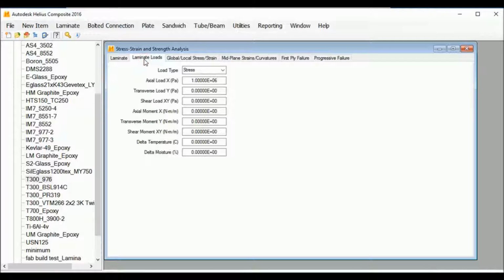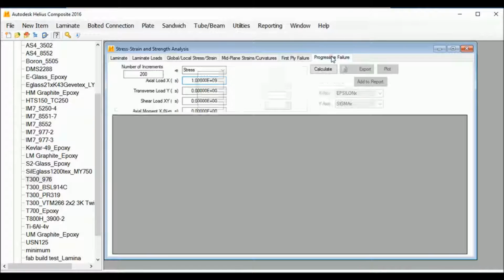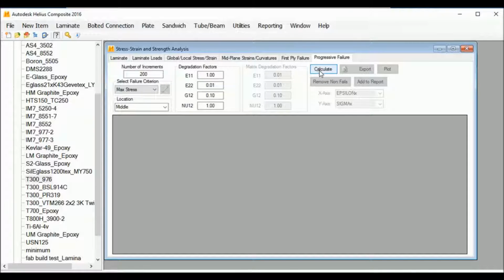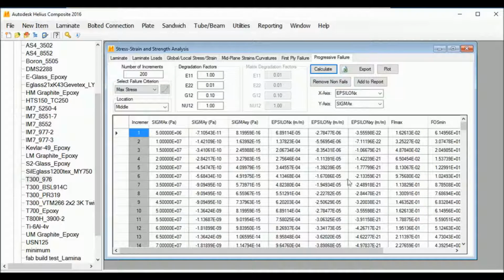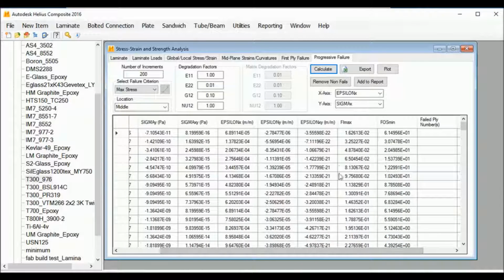So let's go back to laminate loads. Let's take a guess at, let's say, 1000 megapascals. So we go well beyond our first ply failure stress. Run the calculation, and we get a tabulated plot of incremental stresses, corresponding strains, and the failure index.